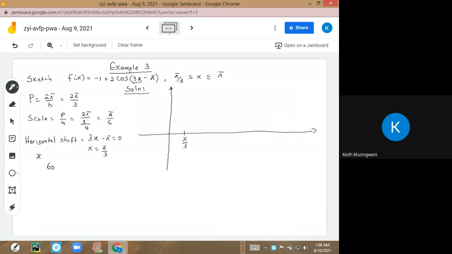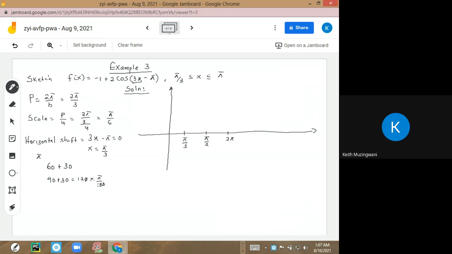So adding, we can use the degrees. What is 60 plus 30? We obtain 90. 90 is pi over 2. What is 90 plus 30? We get 120. Convert it to radians.